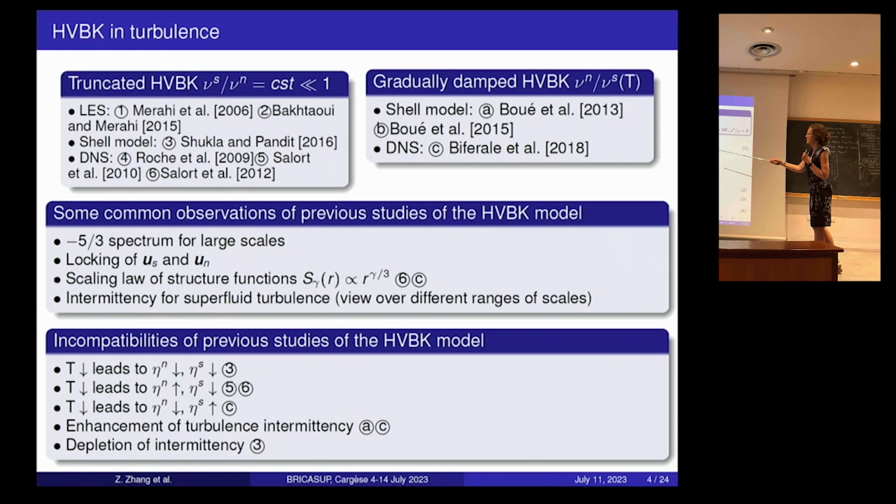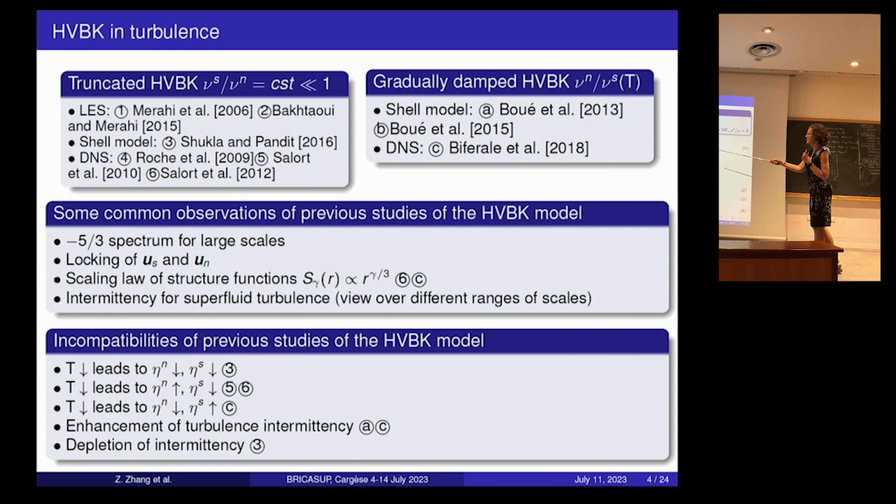And intermittency for the superfluid turbulence was studied through these scaling laws, scaling range, and scaling exponents. But also, as we show, it can be studied for the very small scales. So we see how the flatness of the derivative will increase for different parameters, in particular for increasing Reynolds number.